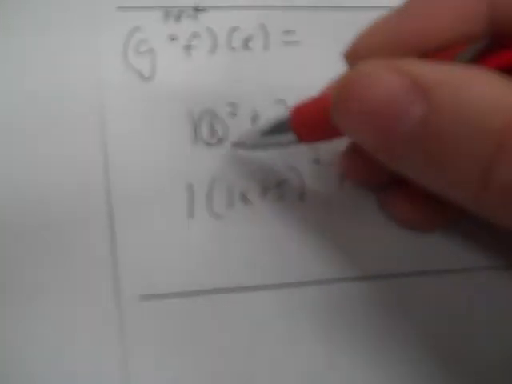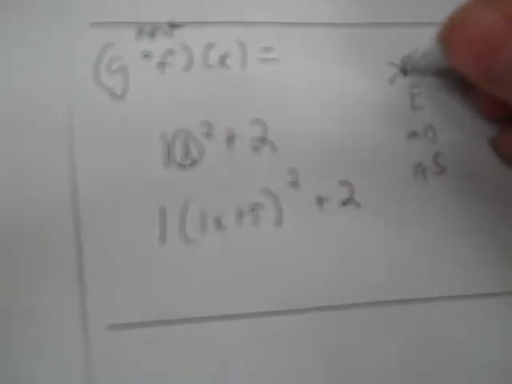Okay, next one, another input. So we start with our g function, 1x squared plus 2. Get your x out. Remove your second power, and then you're going to put 1x plus 5. And we got the plus 2 there. So x has been removed. Okay, so on PEMDAS, parentheses, can't do anything there.